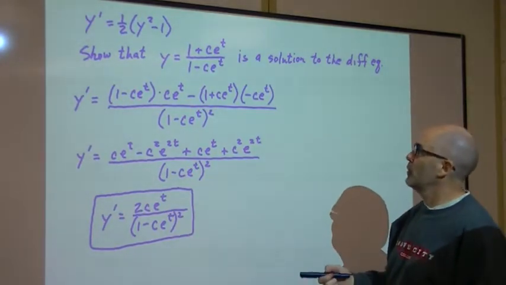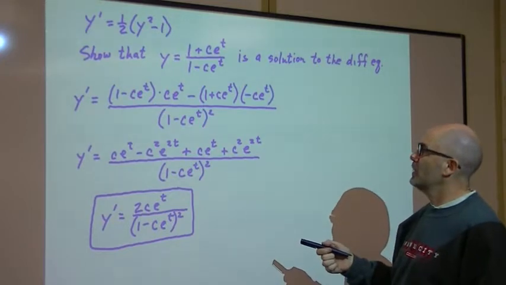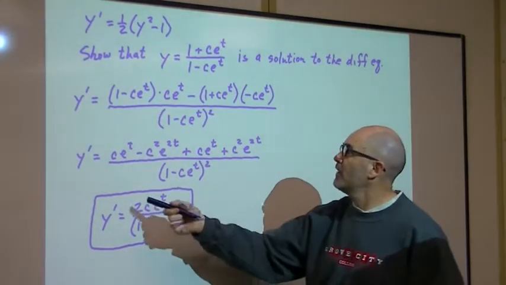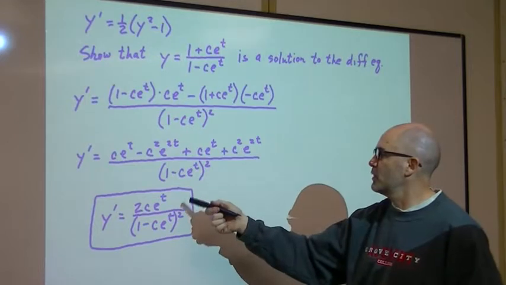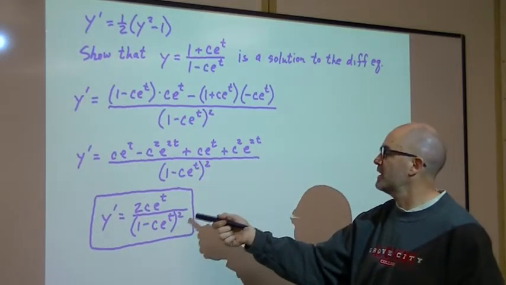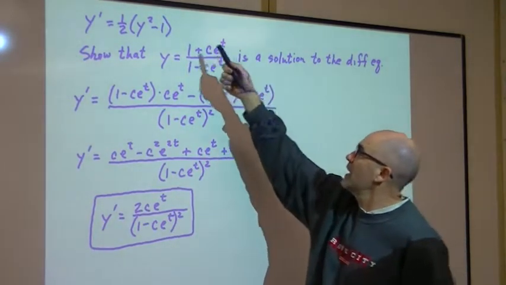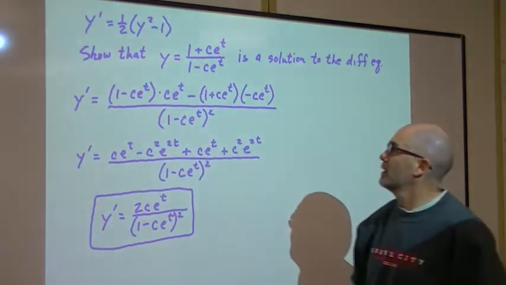Now what we want to do is go the other direction and prove that y prime really does equal 2 ce to the t over 1 minus ce to the t quantity squared using this.